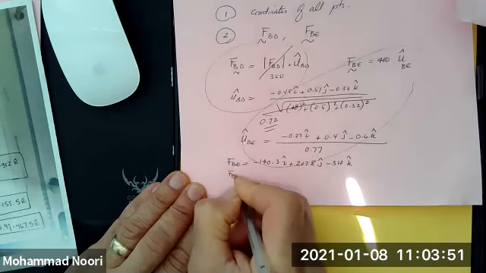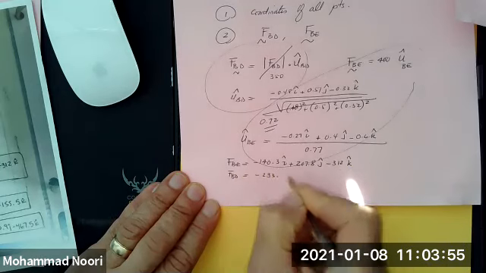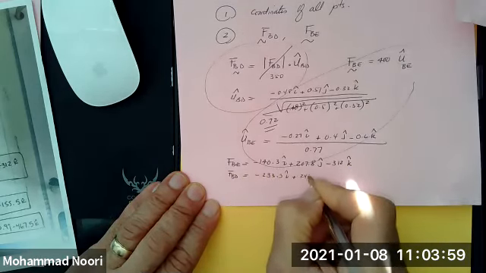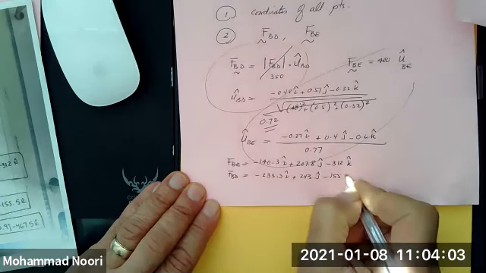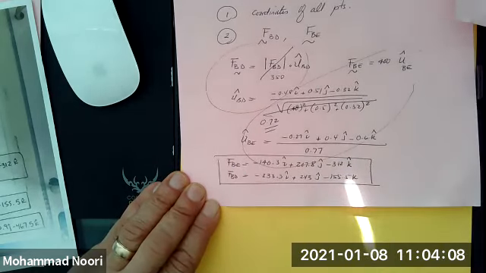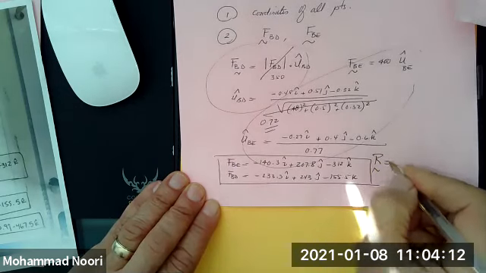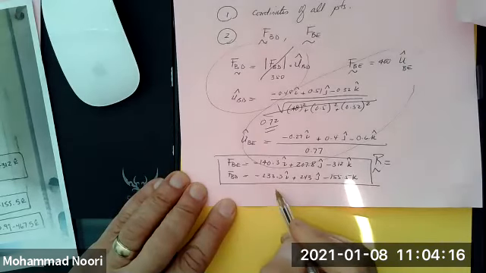Force in BD comes out to be negative 233.3 I plus 243 J minus 155.5 K. So you have the vector equation for these forces. R would be simply the sum of each component.